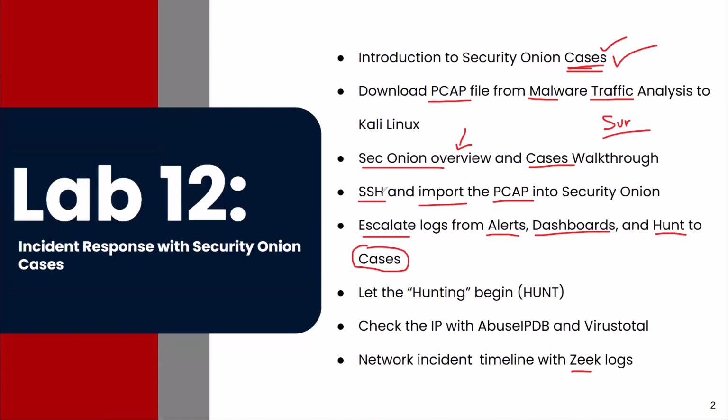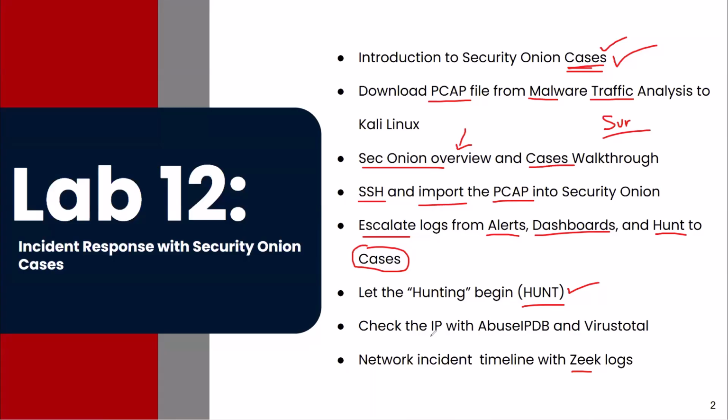Then because I want this to be as real world as possible, we are going to get into the hunting, right? So I tell people if you're going to become a SOC analyst, the best skill you can learn is probably threat hunting, right? To understand how you would go in and start hunting for stuff. So Security Onion has this tab where you can hunt things. So we will work with that.